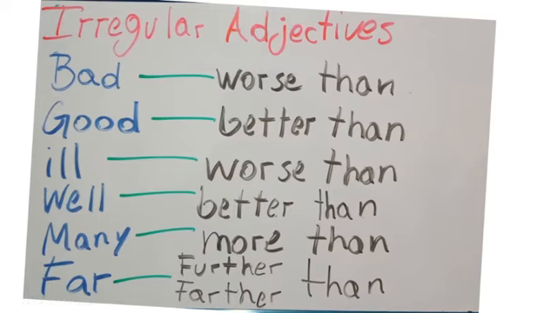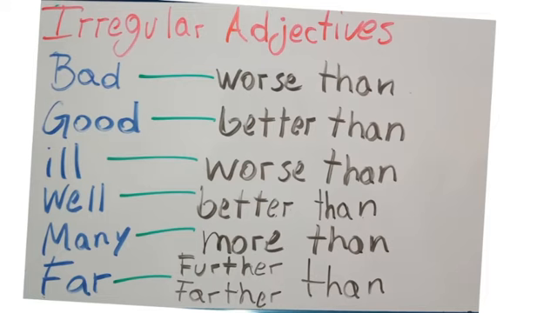Now, finally, we have the other exceptions. They are called irregular adjectives. First of all, they don't follow the first rule that I told you. For example, the words bad, good, ill, well, or far can be short adjectives, but they don't follow the rules.